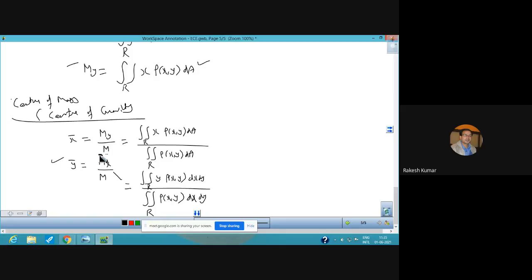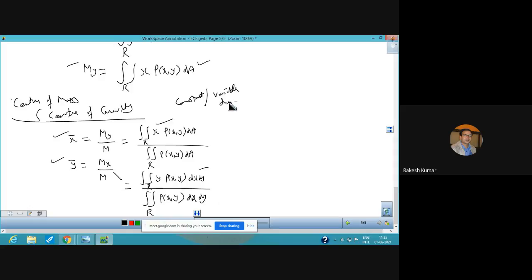So this is the y coordinate of the center of gravity and this is the x coordinate. So we have to use these formulas for finding out the coordinates of the center of gravity. And rho is the density. Now, rho, the density of the material, can be a constant, or it can be a variable density.